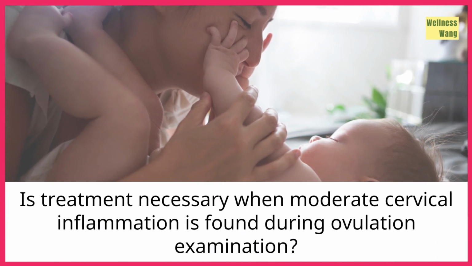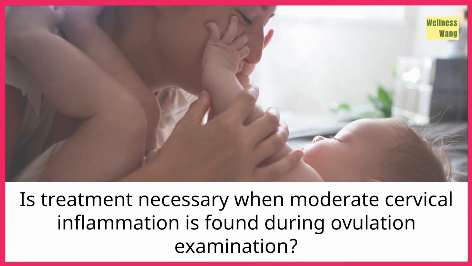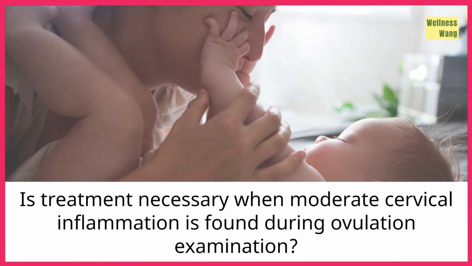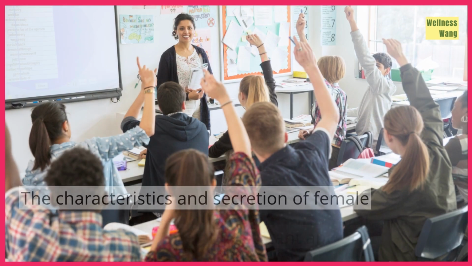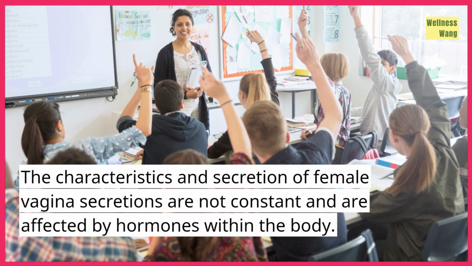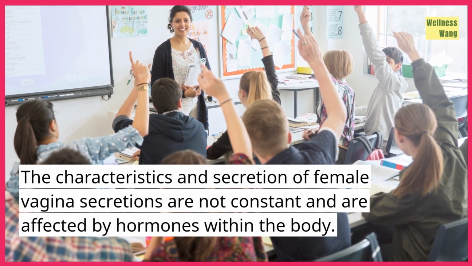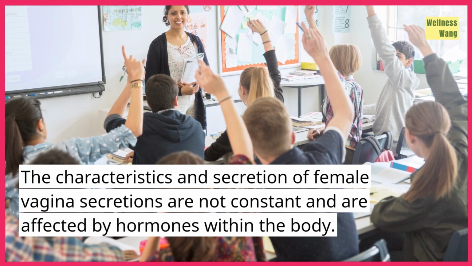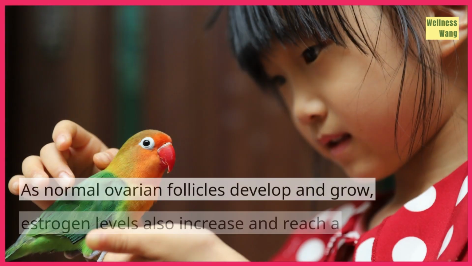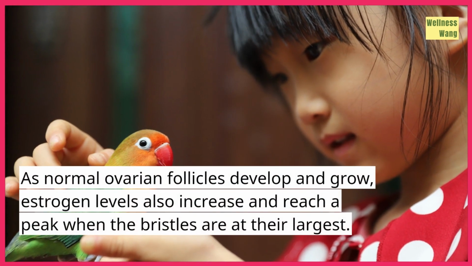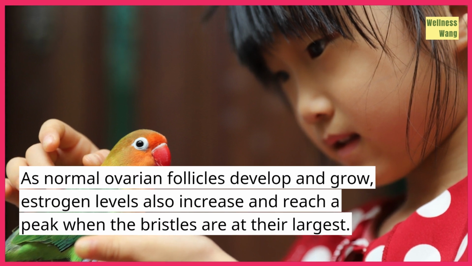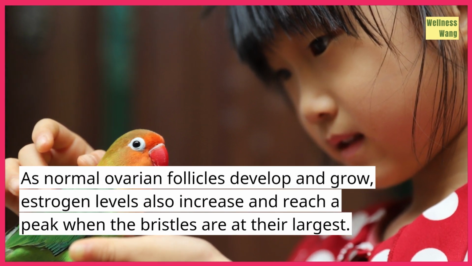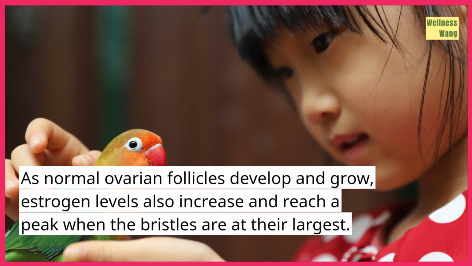Is treatment necessary when moderate cervical inflammation is found during ovulation examination? The characteristics and secretion of female vagina secretions are not constant and are affected by hormones within the body. As normal ovarian follicles develop and grow, estrogen levels also increase and reach a peak when the follicles are at their largest.